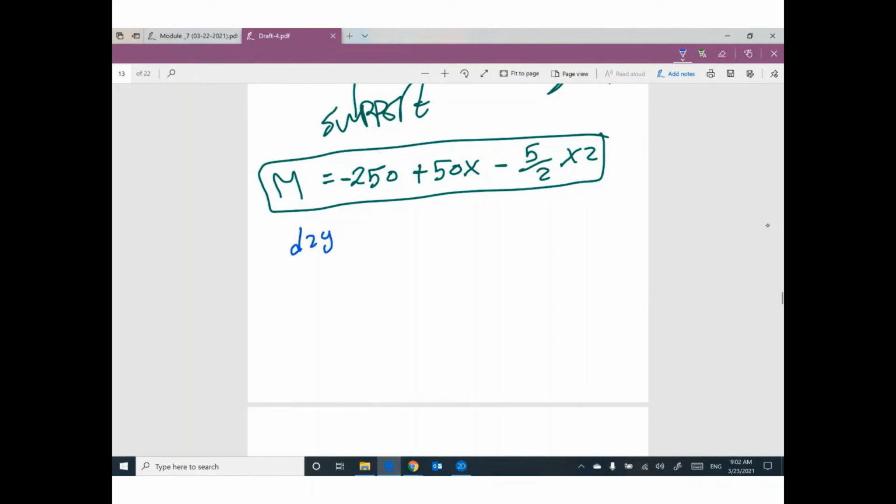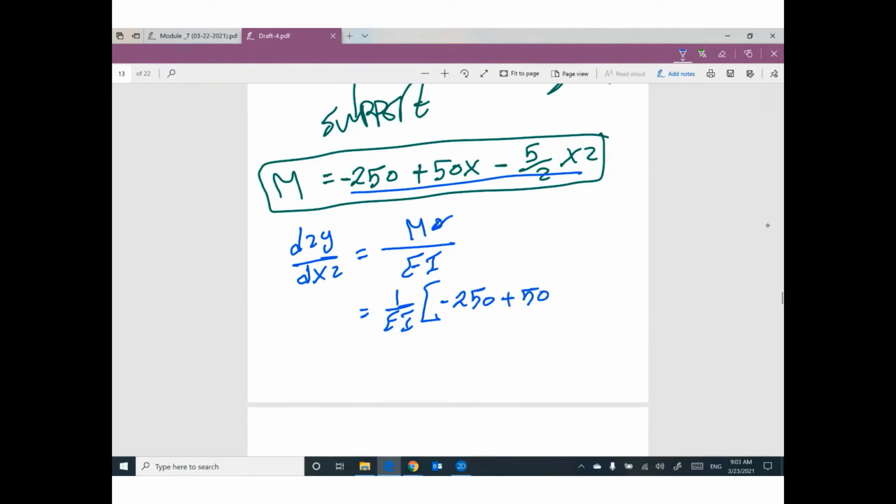Second derivative of y with respect to x equals M divided by EI. 1 over EI outside. We still have M. Your M equals negative 250 plus 50x minus 5 divided by 2 x squared. Second derivative of y with respect to x equals this expression.